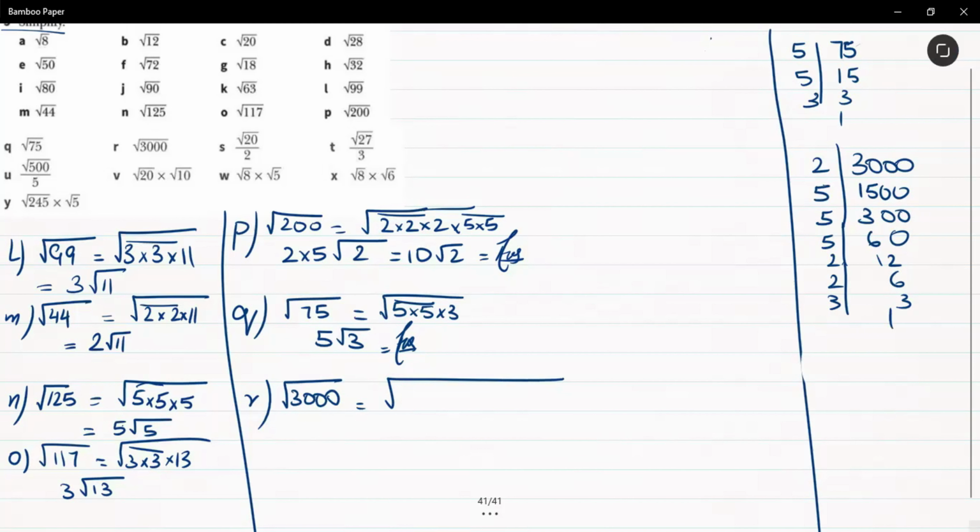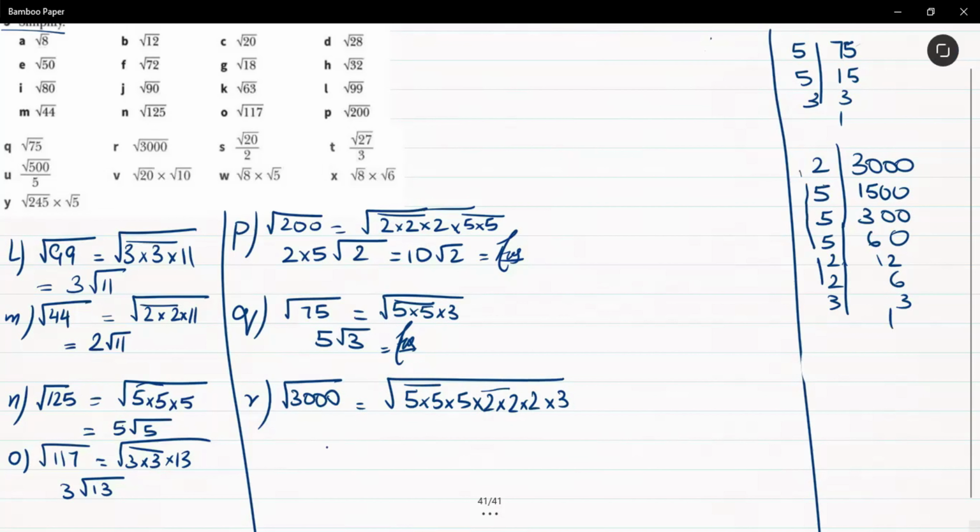Now we have something like under root. How many 5s do we have? We have 3 5s. So 5 multiplied by 5 multiplied by 5. And how many 2s do we have? We have 3 2s. So multiplied by 2, multiplied by 2, multiplied by 2. And then we have a single 3. Now make pairs. 2 pairs of 5, 2 pairs of 2, and that's it.